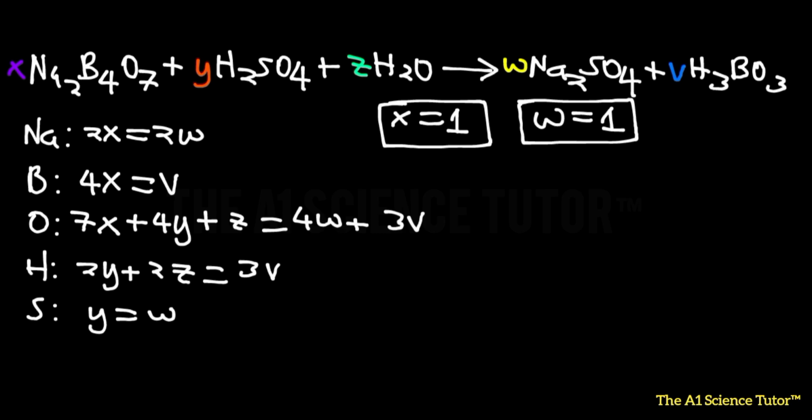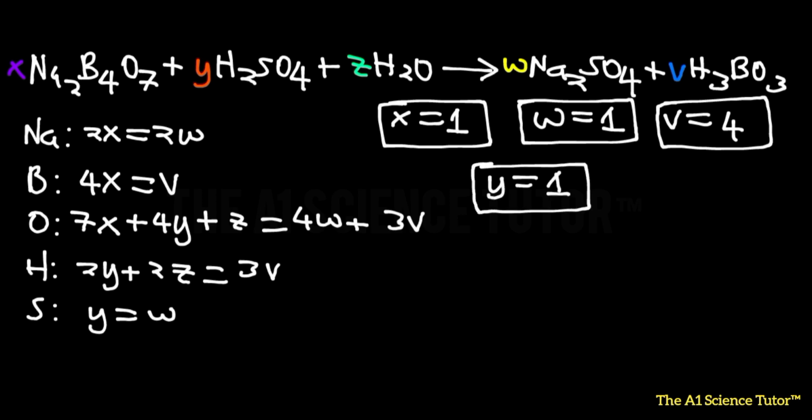And then V, so we know this is going to be X, and that will be 1. 1 multiplied by 4, that gives us 4. So in that case, V is equal to 4. Now what will be Y? So Y, that's going to be equal to 1. I'm going to have this as a 1.